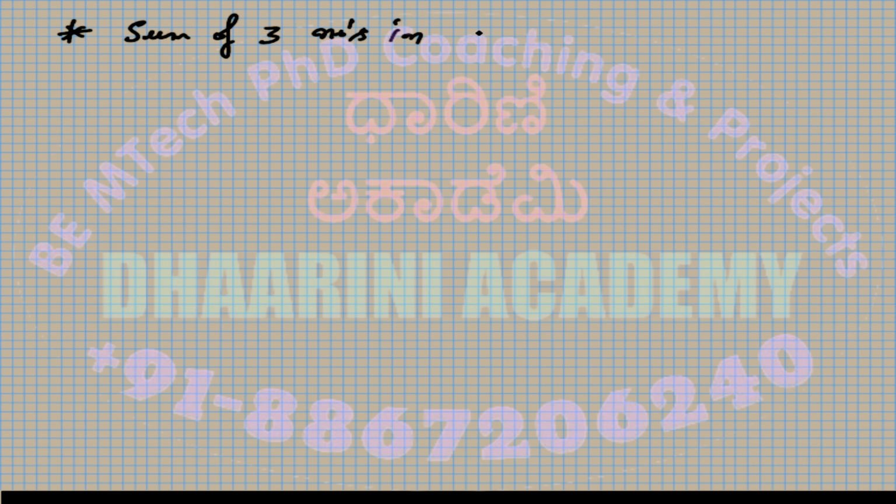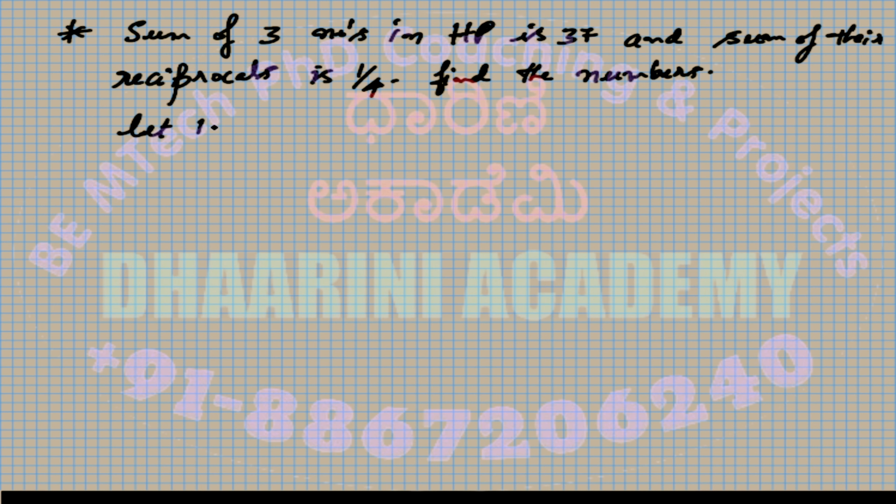In a similar fashion, let the numbers be 1 by A minus D, 1 by A and 1 by A plus D, because they are in HP. So from the given data, 1 by A minus D plus 1 by A plus 1 divided by A plus D is equal to 37.